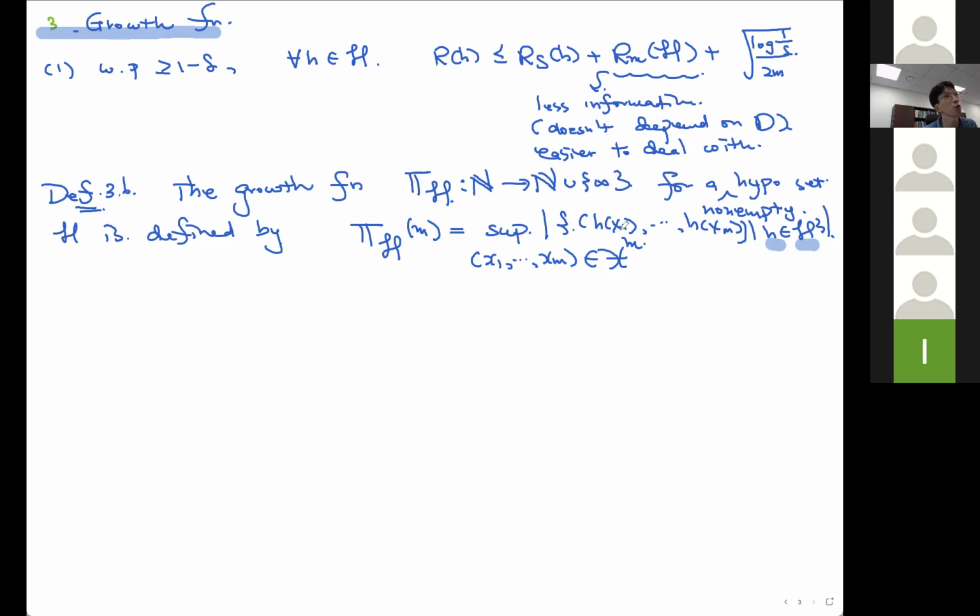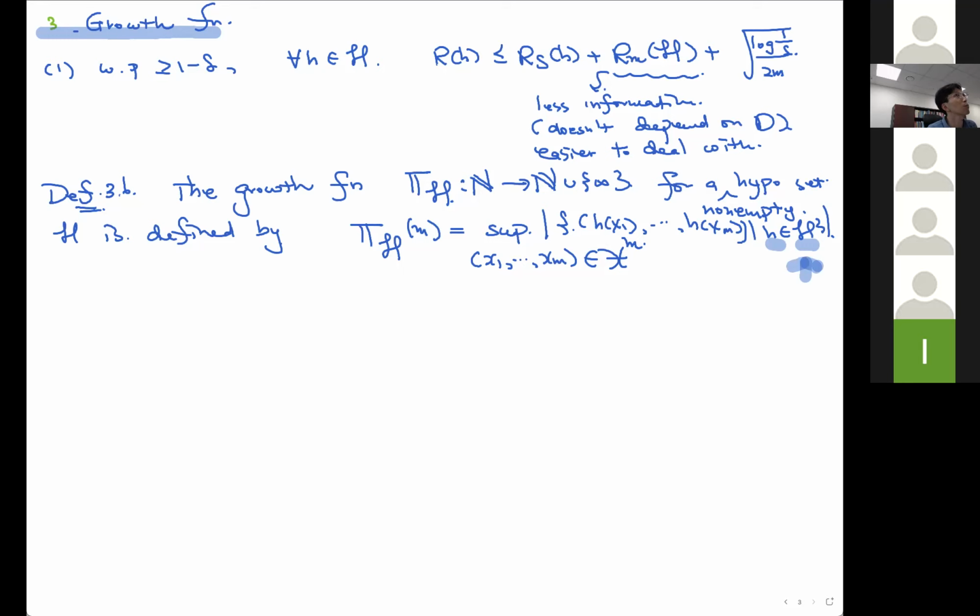There's going to be only one constant vector, so this growth function is just 1. But if our hypothesis set is rich, so it contains lots of functions, and each function maps different inputs to different outputs, then this growth function will become quite large. In some cases, it can be infinite.